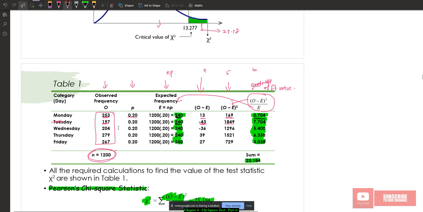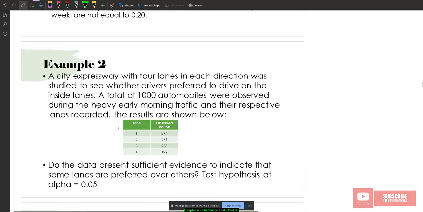You can see that on Tuesday there is a low transaction compared to the other days, Monday, Wednesday, Thursday and Friday. So that's why we reject the null hypothesis. This is our argument from our test to solve the problem.